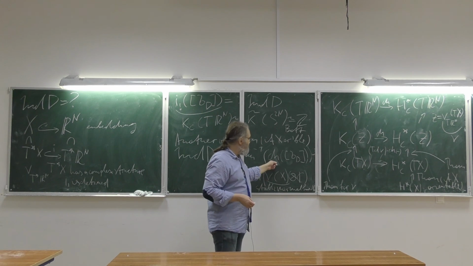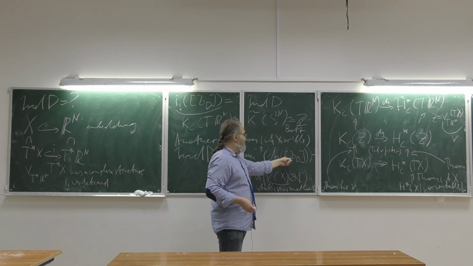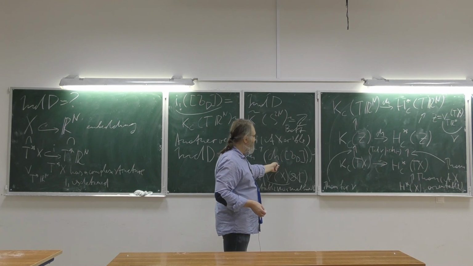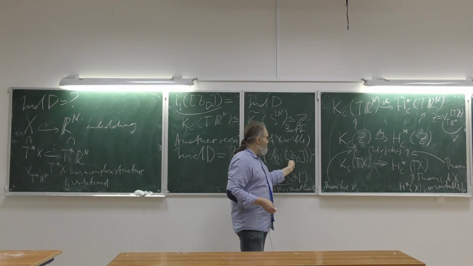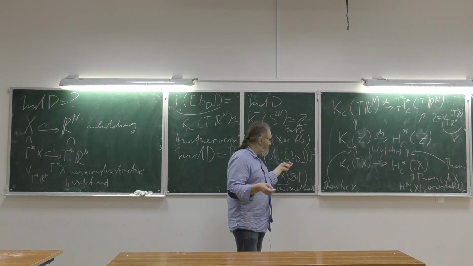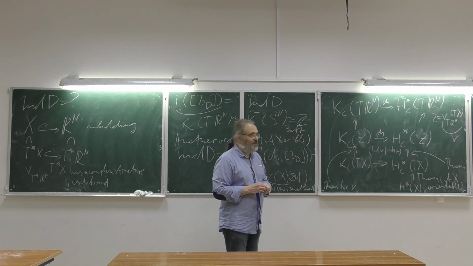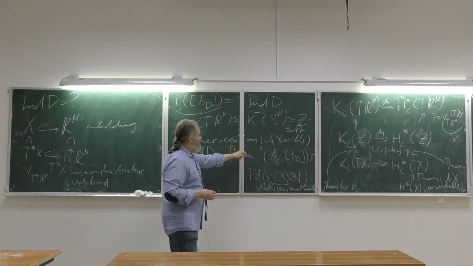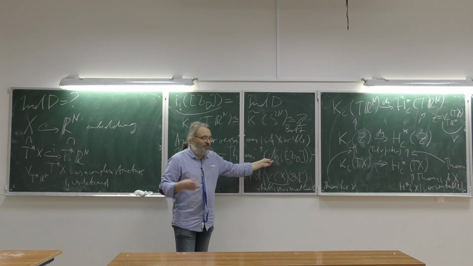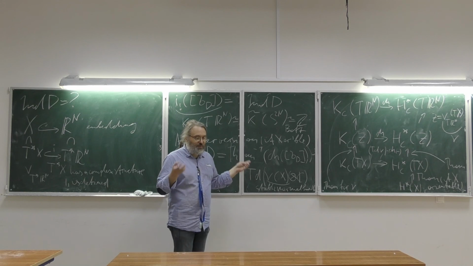And what remains is Thom to the minus 1 of the Chern character applied to some element of K-theory which is obtained from the symbol. And this is basically the formula which we will use for all applications that we will see.